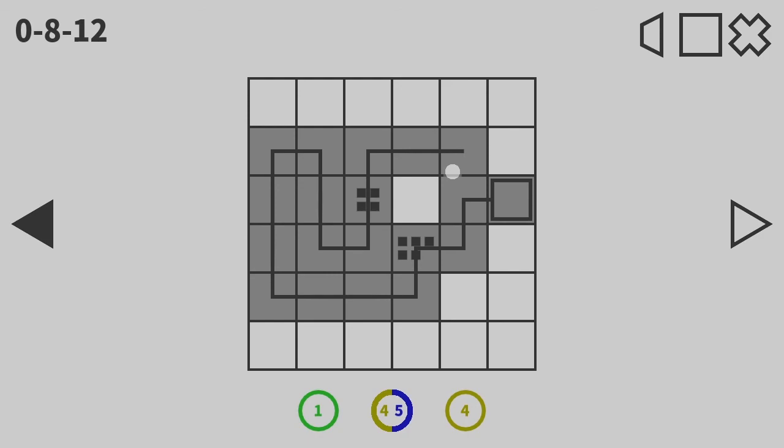So let's rotate something. Let's do this, this, this. 1, 2, 3, 4, 5, 6. That.